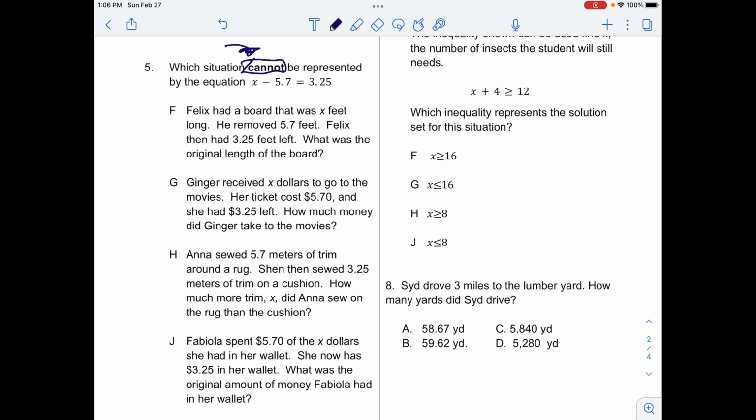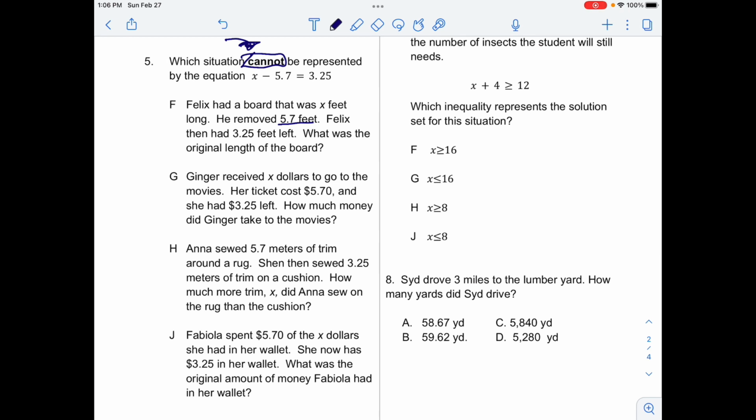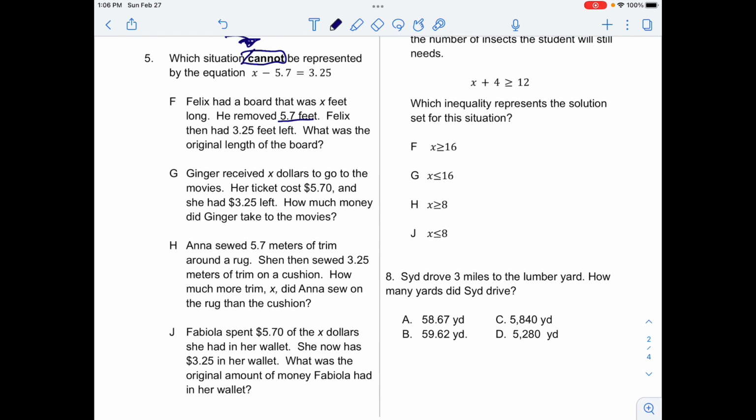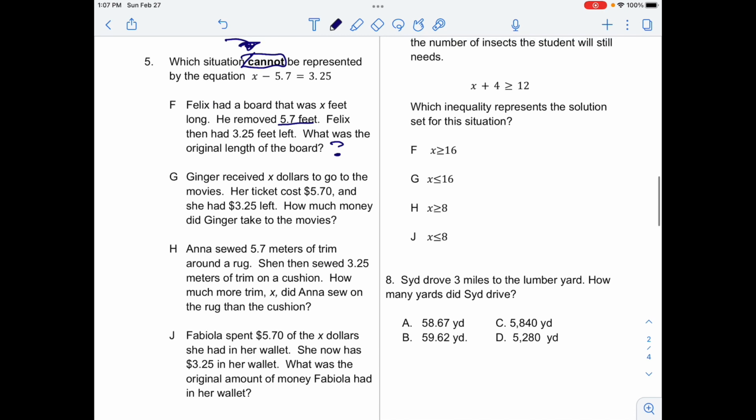He removed 5 7/10 feet. Felix then had 3 25/100 feet left. What was the original length of the board? Okay, so that could actually match. So that could be represented by the equation, but we're looking for cannot.